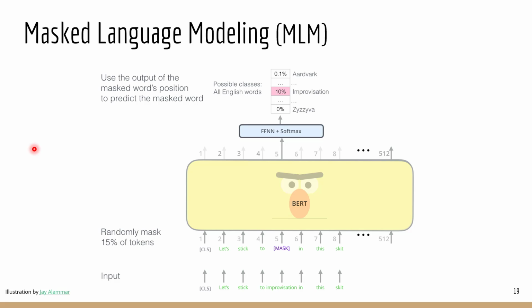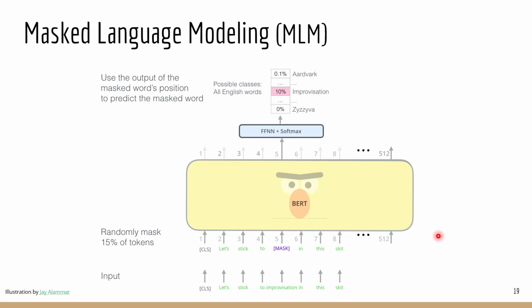Specifically, we have masked language modeling, MLM, which is the essential idea for transforming the transformer model into a language model. The essential idea here is that you mask some of the words from the input, like 15% of the input tokens, and you ask the model to predict the missing or the masked words.